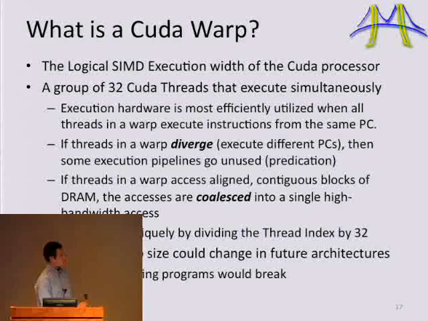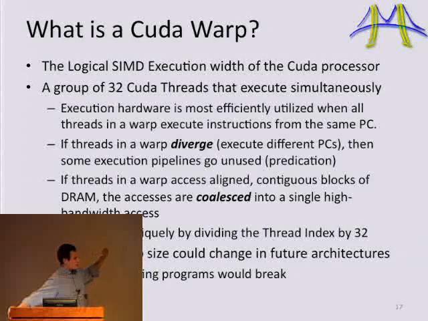The execution hardware is most efficiently utilized when all threads in a warp are executing the same instruction. That way, you can fetch the instruction once, decode it once, and then execute it 32 times. If they diverge, that is, start executing different instructions in the same cycle, some execution pipelines will go unused. They use essentially the same mechanism as vector predication, if anyone's familiar with that terminology.